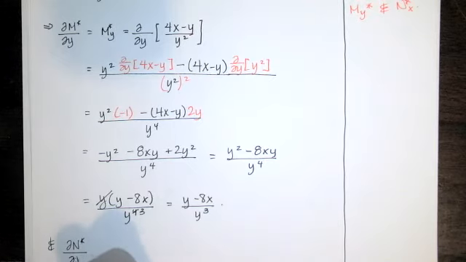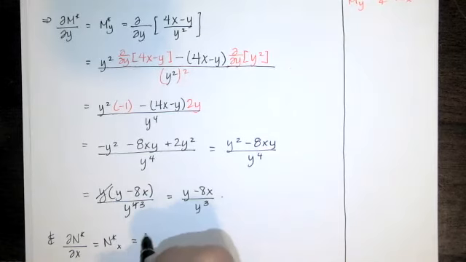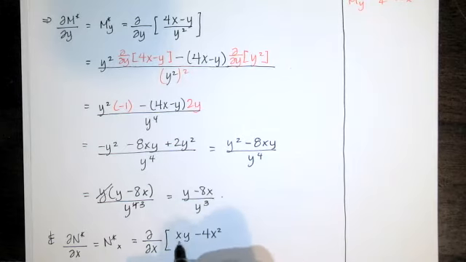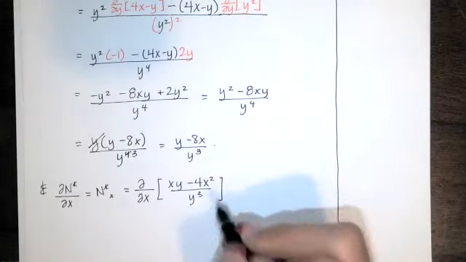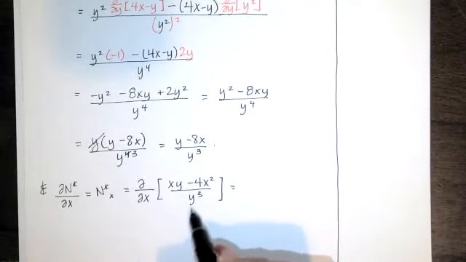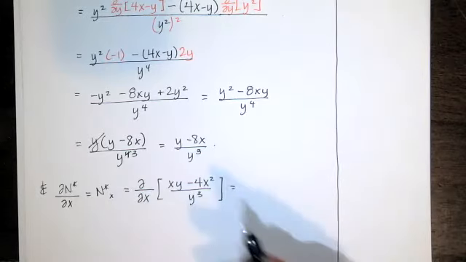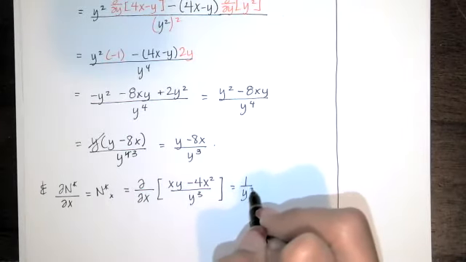Now we want to compute the partial of N star with respect to x. The 1 over y cubed, that factor that's implied there, does not depend on x at all. So we can think of that as a constant. We can factor it out.